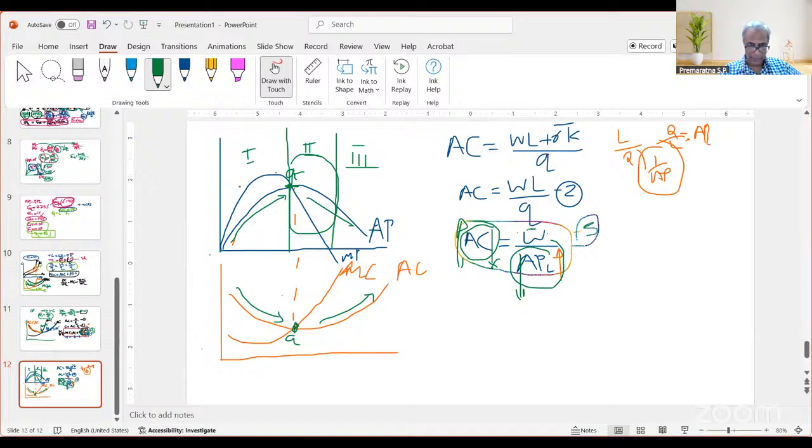Now here, stage 1 is increasing returns. Stage 3 is negative returns. Now, the concept of increasing returns, when we use it with the long run cost curve, we call economies of scale.